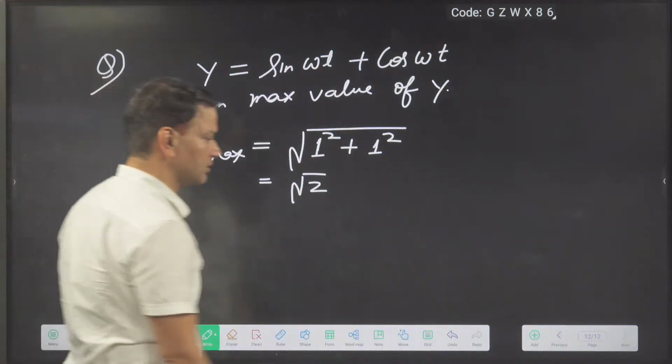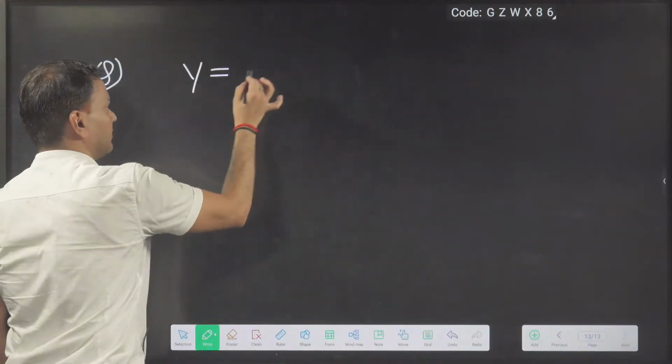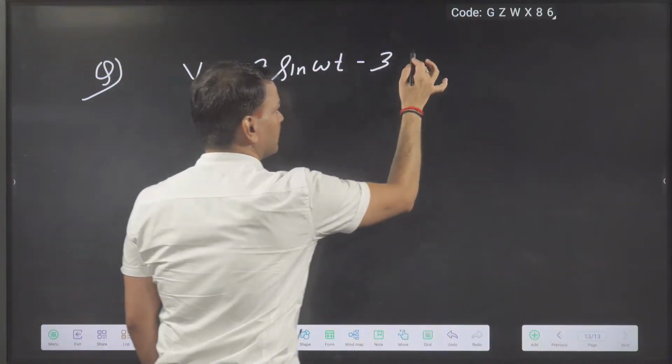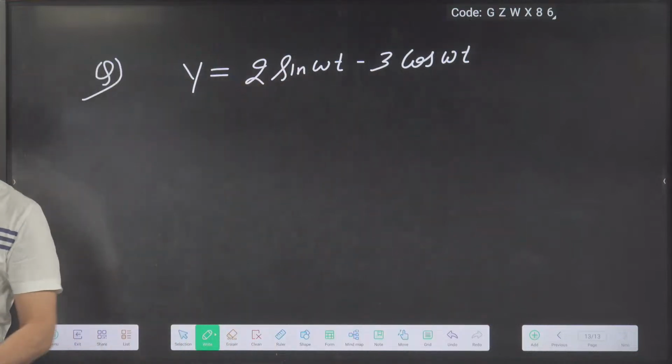Next one more. What is the maximum value?